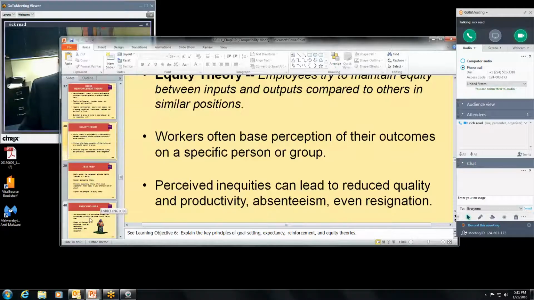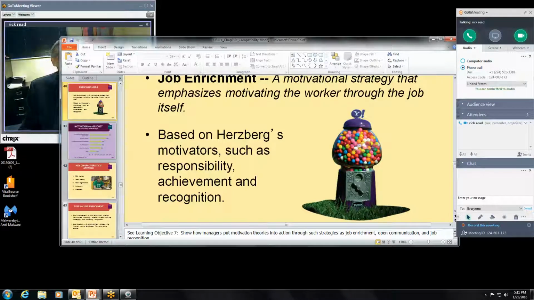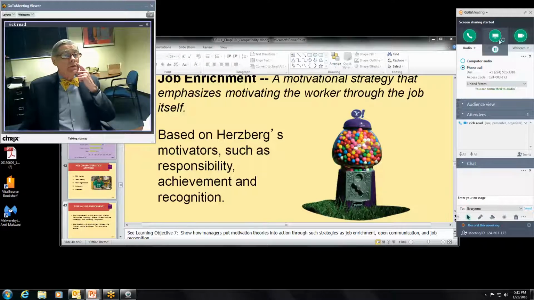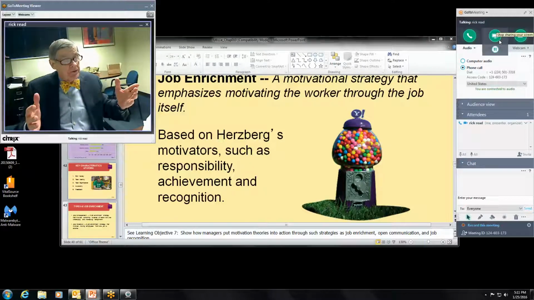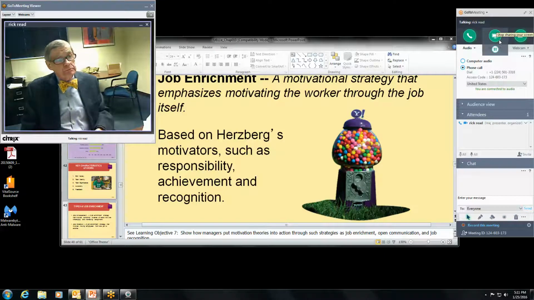Now, we need to do things to put these motivational theories that we've learned into action. And one of the first we can do is a thing called job enrichment, which follows along some of Herzberg's theory, because job enrichment is based upon responsibility, achievement, and recognition, as the slide says.